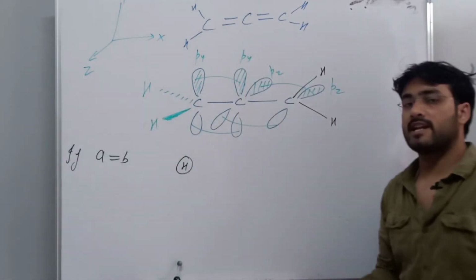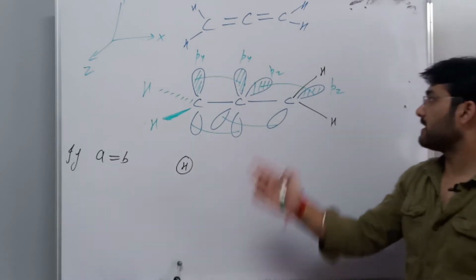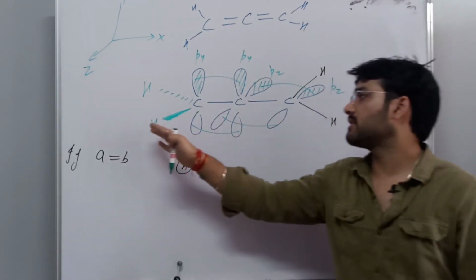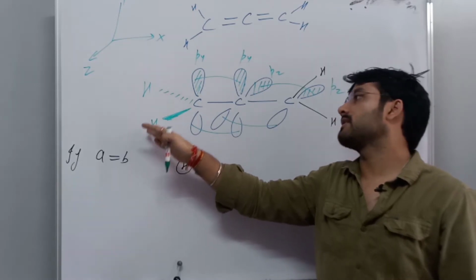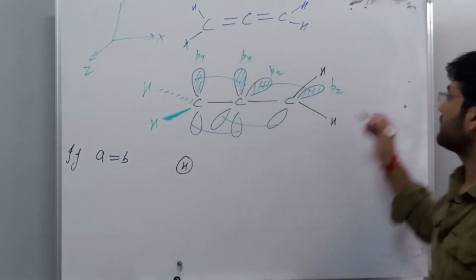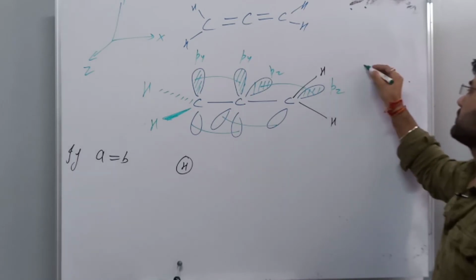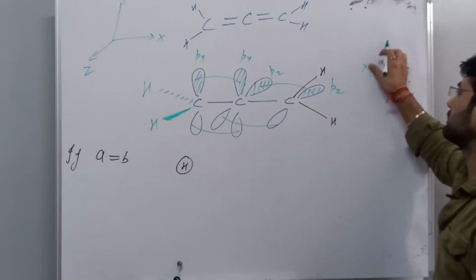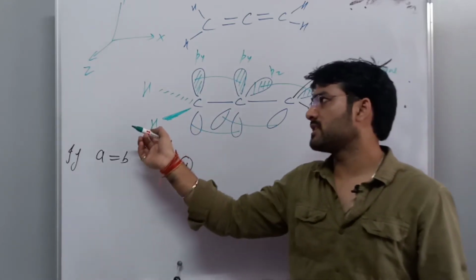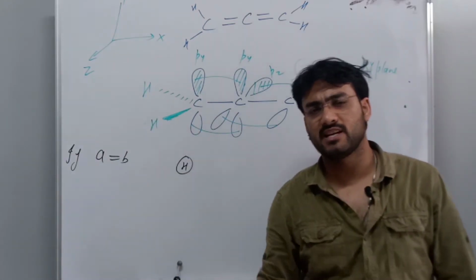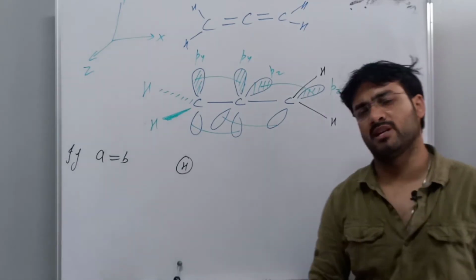If you take a plane here, it will cut this H, but this H will not be cut by the plane which I am using here, the XY plane. Then the mirror image of this H will form on this H. It means that it becomes optically inactive due to the existence of planar symmetry.